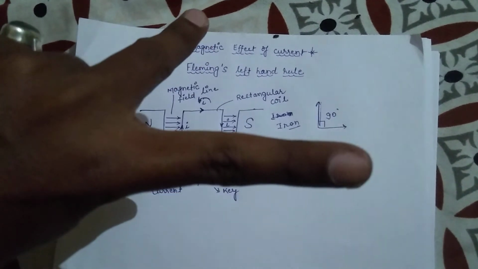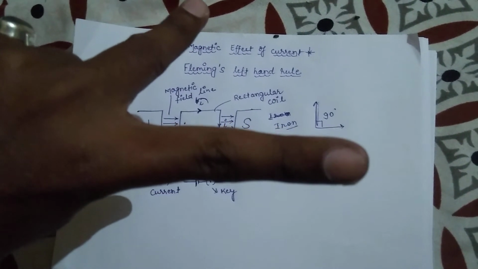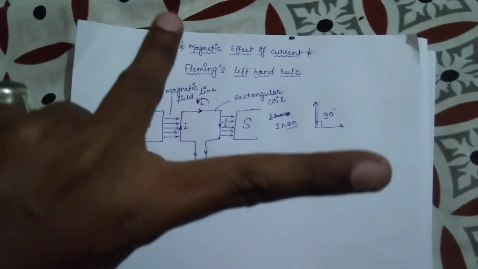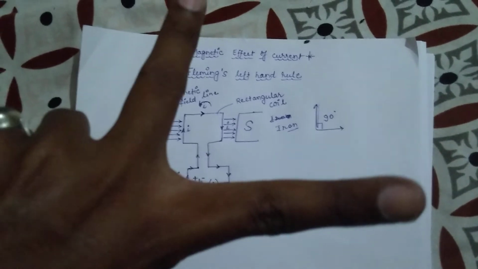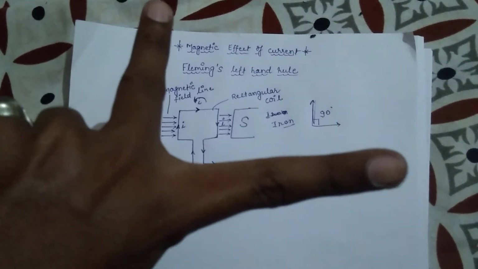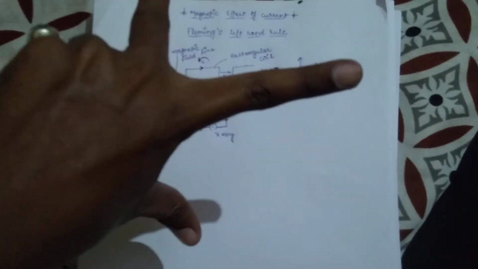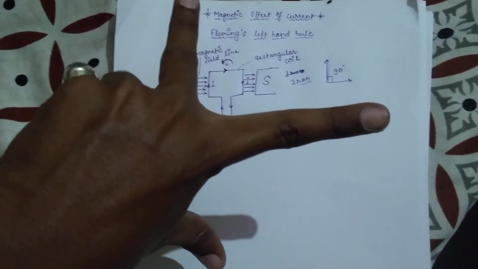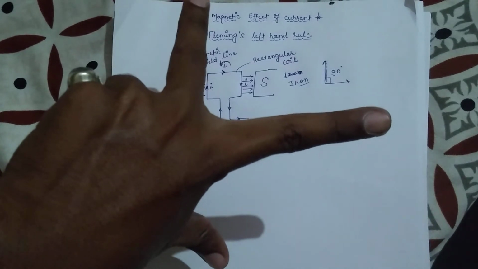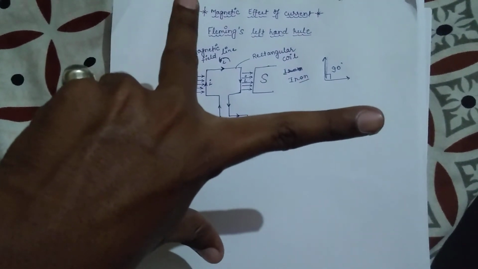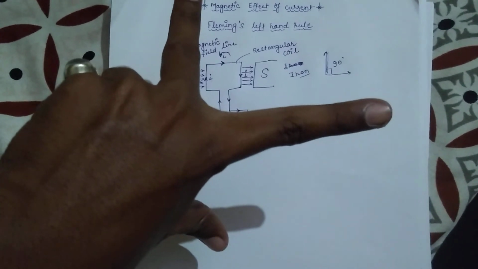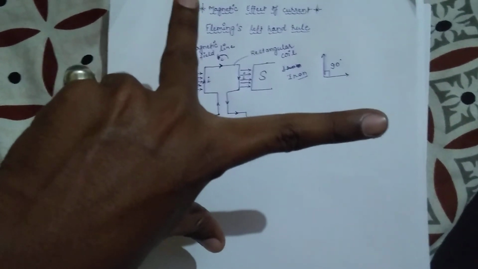My forefinger is in the direction of the magnetic field line, and my middle finger is in the direction of current.